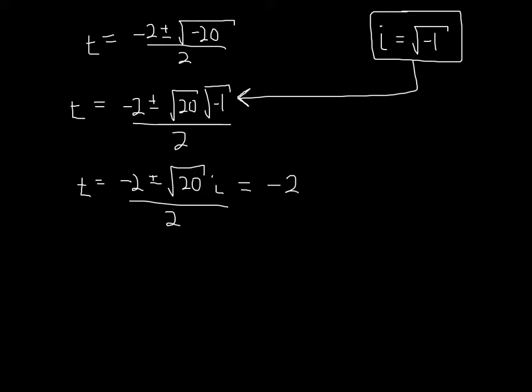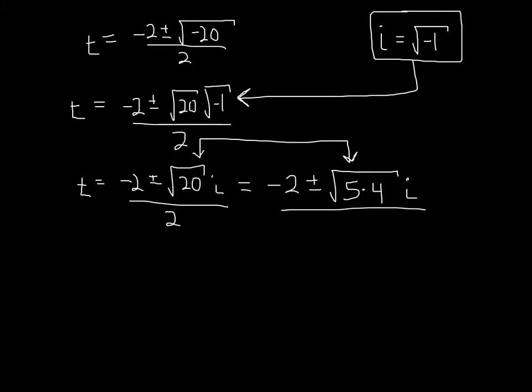So I have my negative 2 plus or minus the square root of 5 times 4. That gives me my 20. This is the same thing. I'm just simplifying it, breaking it down into smaller numbers, times my i, all divided by 2. I can recognize that I can actually take one of these square roots.